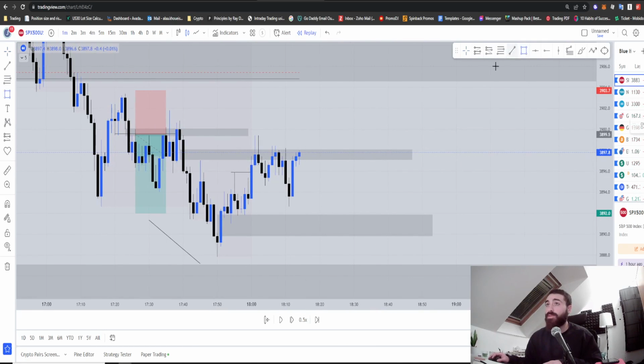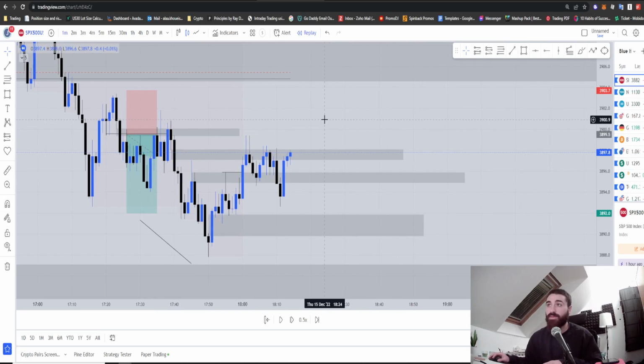And then I saw this, which is a sponsored candle that caused the break. When we broke above it, this becomes a breaker order block. Of course, if you want to know about that, you can go to ICT and learn more about it.